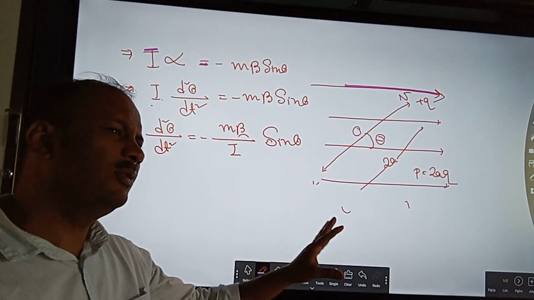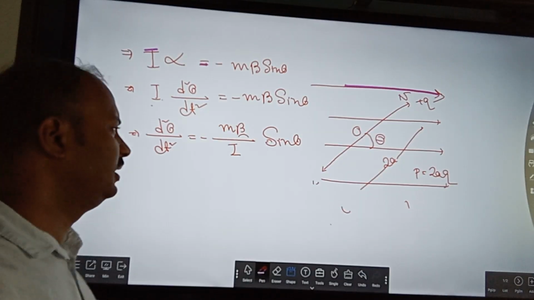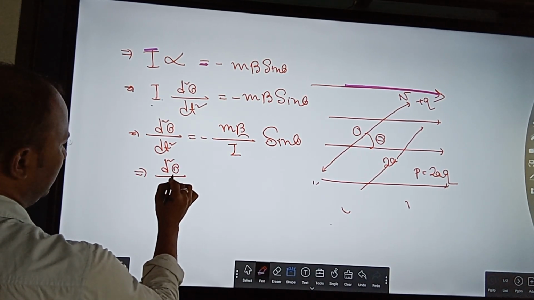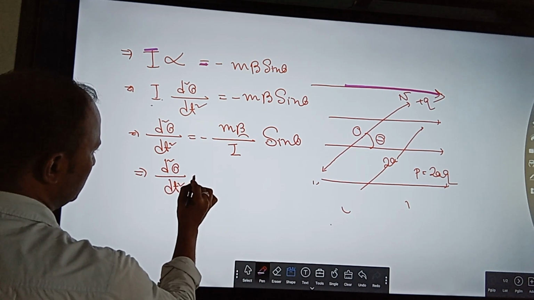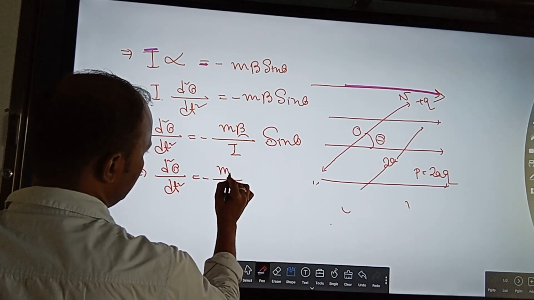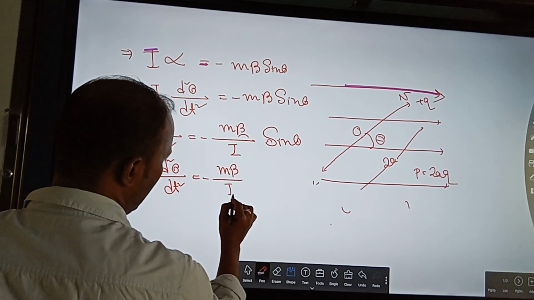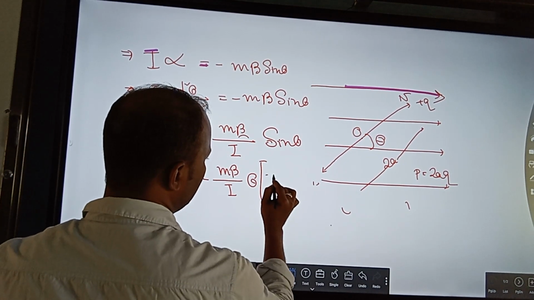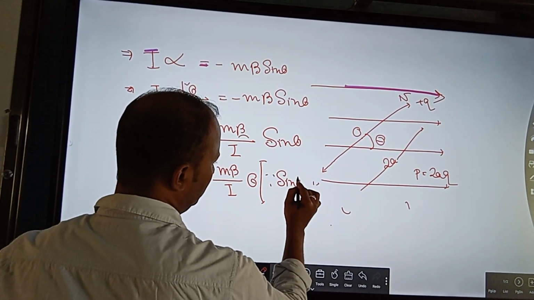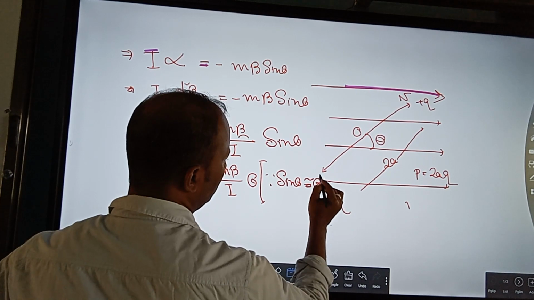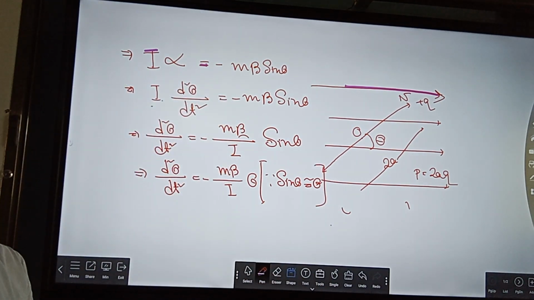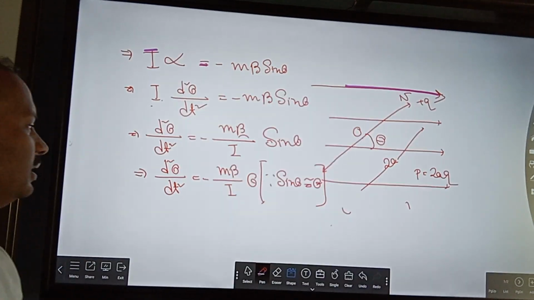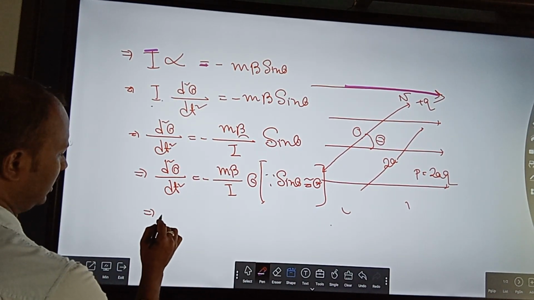The angle theta is very small. Therefore, since sine of theta is almost equal to theta, we can write d square theta by dt square is equal to minus mB by I theta.